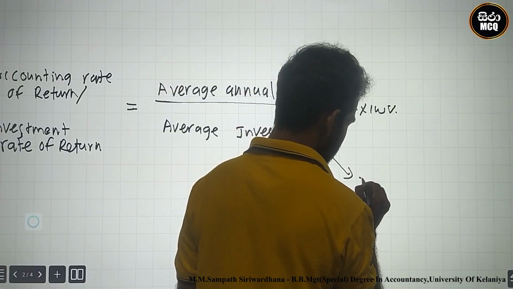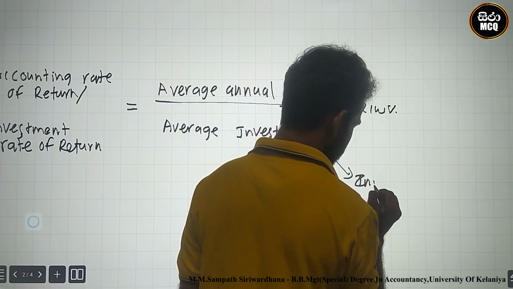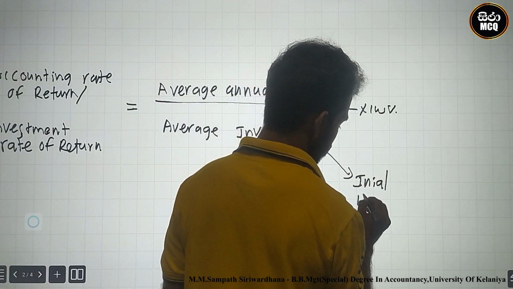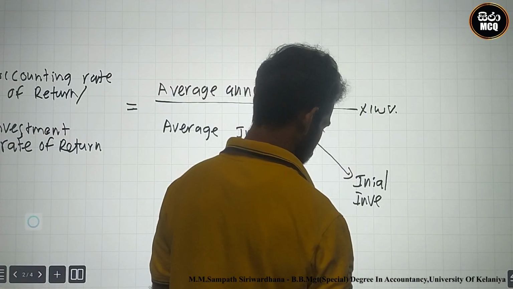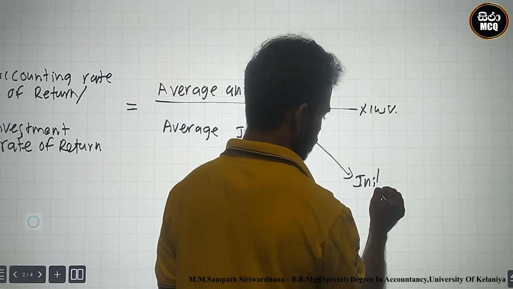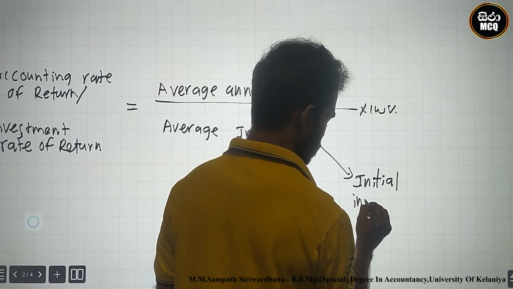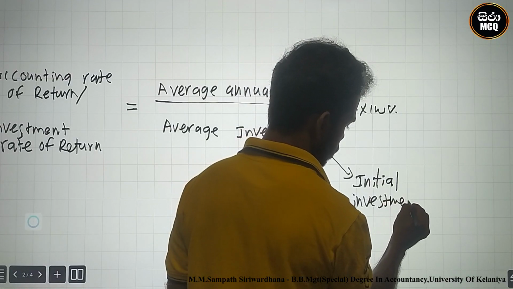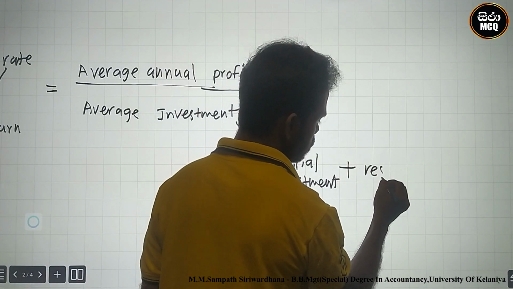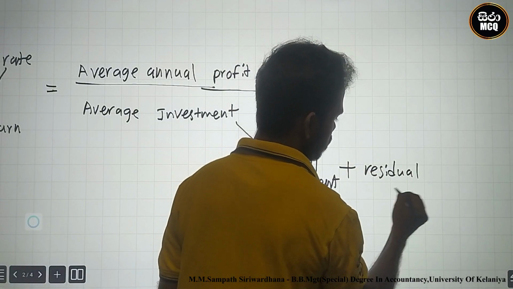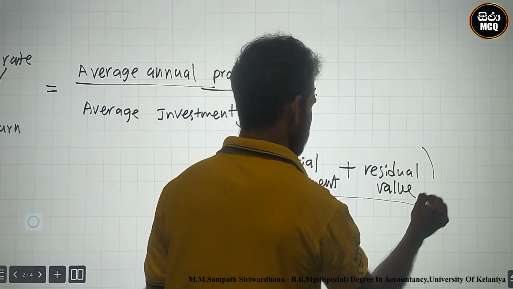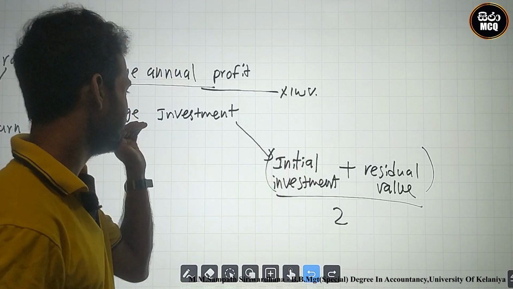Average investment is the initial investment plus residual value, divided by 2.